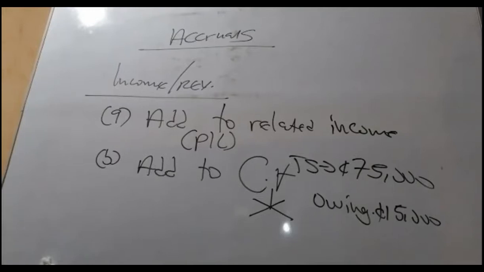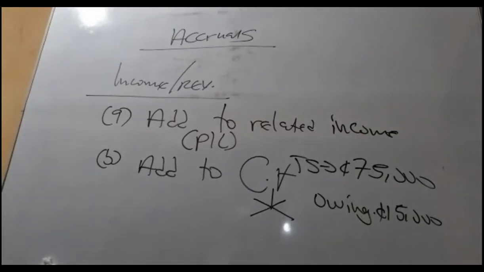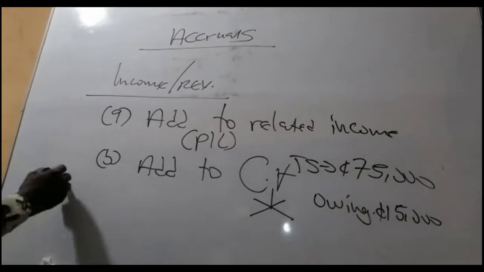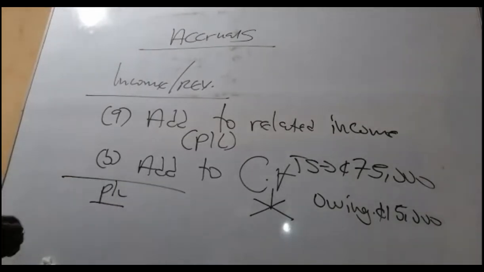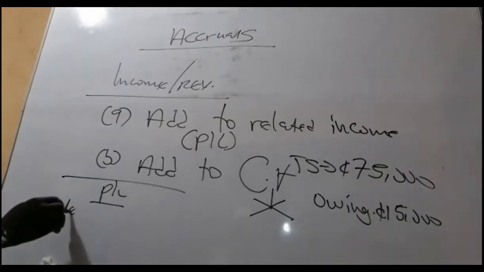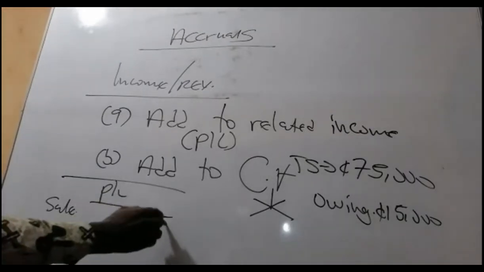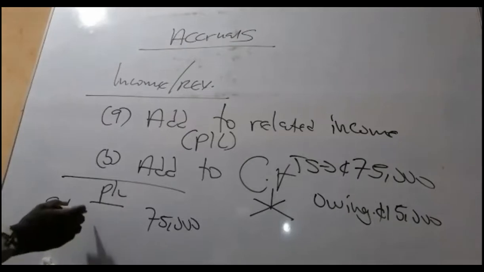In the P&L, when you record your sales, I record the full amount, 75,000. I'll show workings.